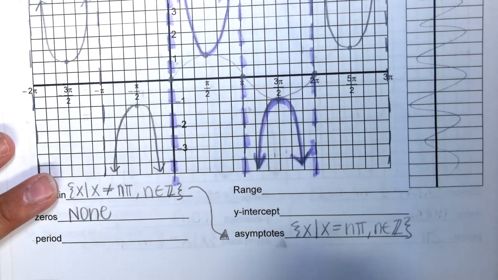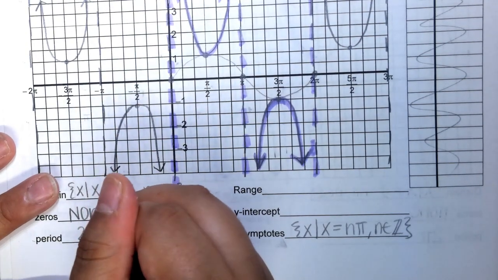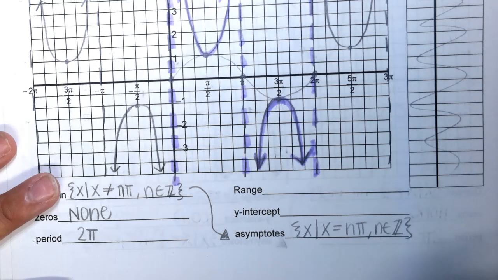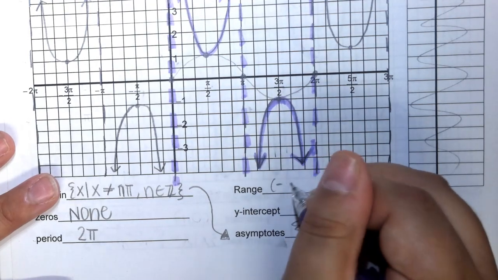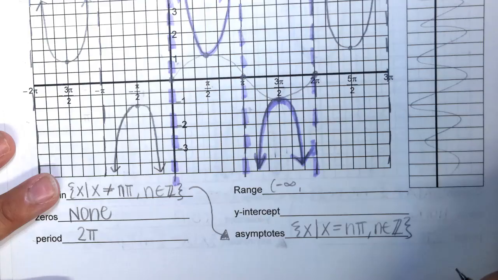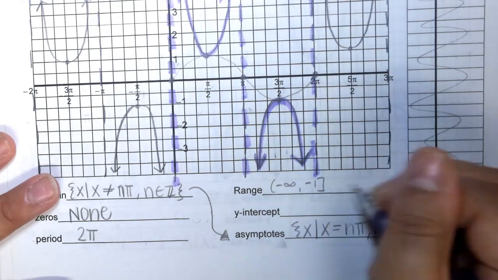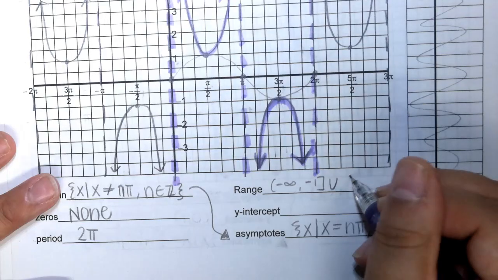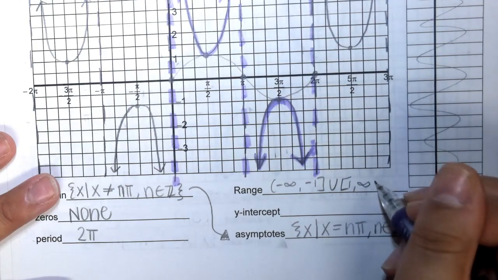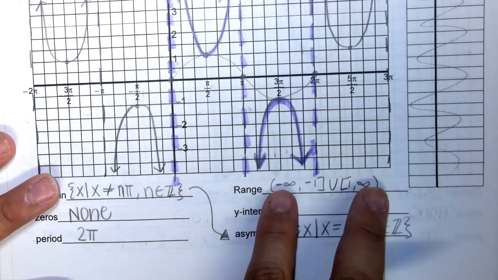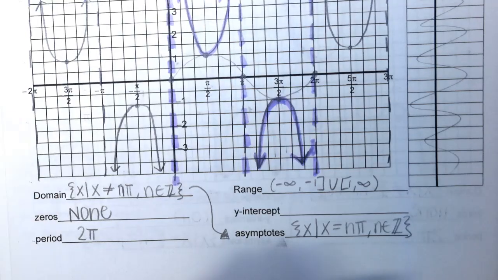None. And the period? 2 pi. What is the range? Negative infinity to what? -1. Union. And remember, infinity and negative infinity should always have parentheses around them, because they are not an exact number.